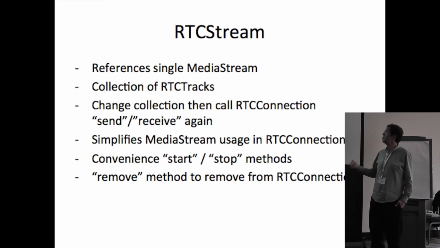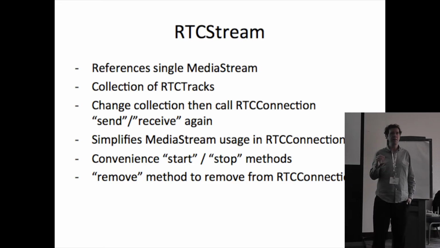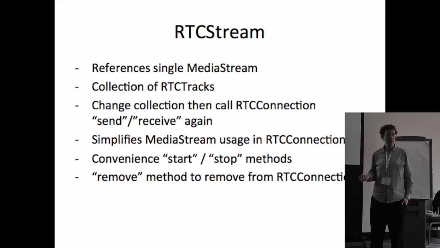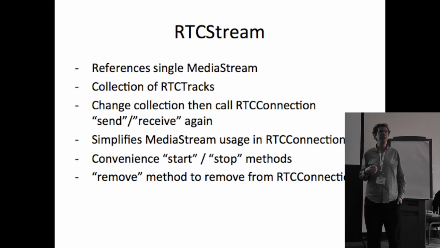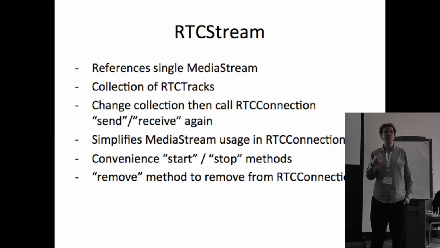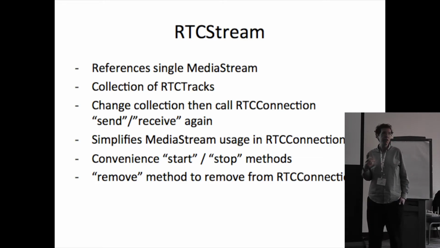Again, RTC stream points to one media stream object. It is a collection of RTC track objects, which are the mappings on the RTP side of each media stream track. It's an easy way to have a collection and just be able to say send it, or receive it, for marshalling purposes.